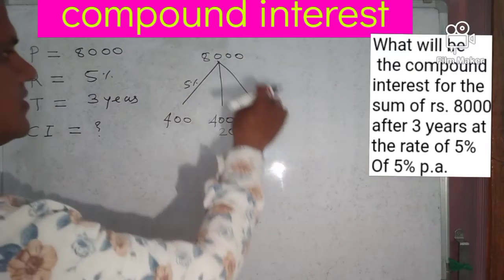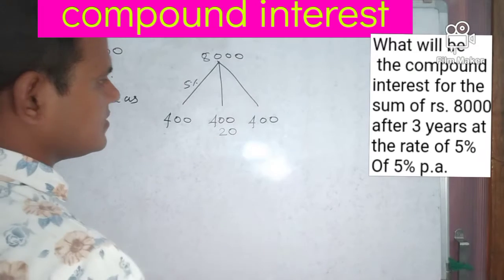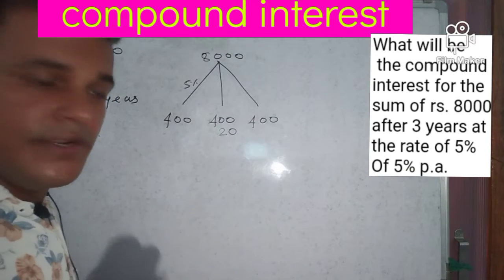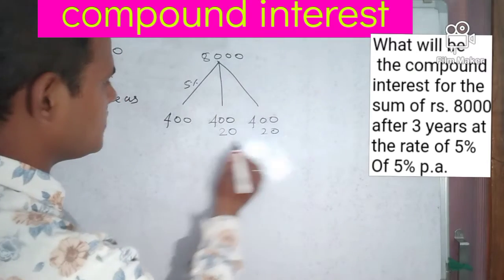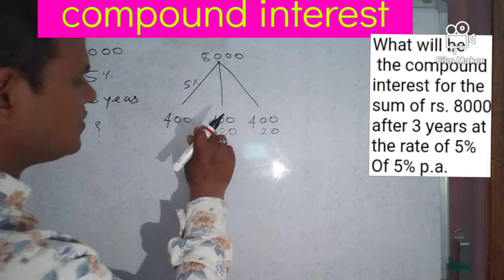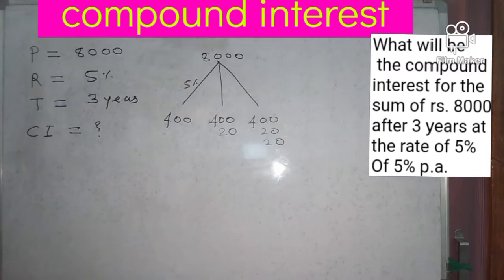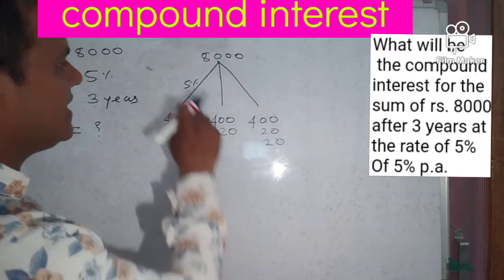Now in the 3rd year, 400, okay, and we need interest on interest. So 20 will be one amount, this amount will also be 20, but here it will be 120 at 5%.